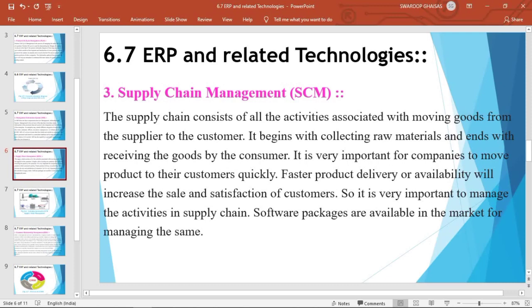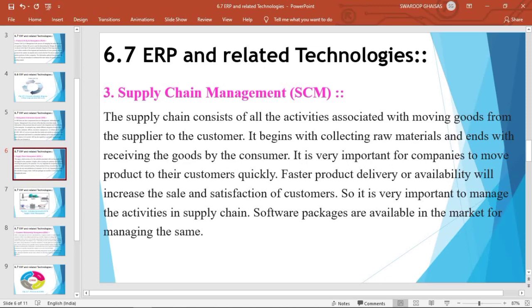It is very important for companies to move the product to their customers, to their consumers, quickly. Your products are developed and then delivered to the customers, but this delivery process must be fast enough. Faster product delivery or availability will increase sales and customer satisfaction. Customers mostly require the product early.